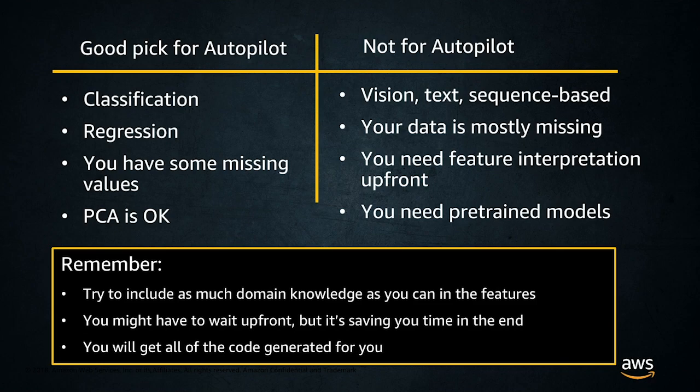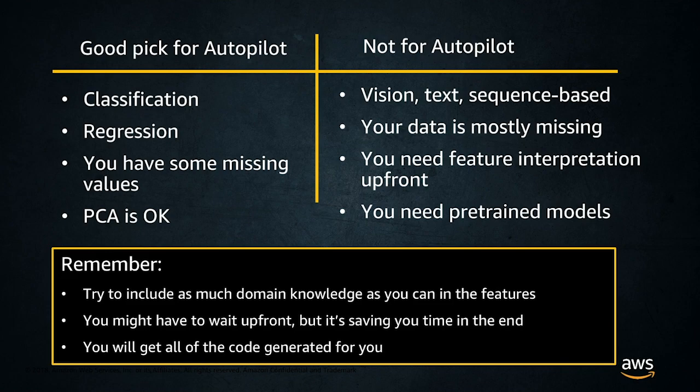If you have some missing values, it is absolutely okay to use Autopilot. Autopilot is actually going to explore what we call imputation strategies. So it's going to fill in some of those missing values given an imputation strategy that seems like the most reasonable choice given your data.